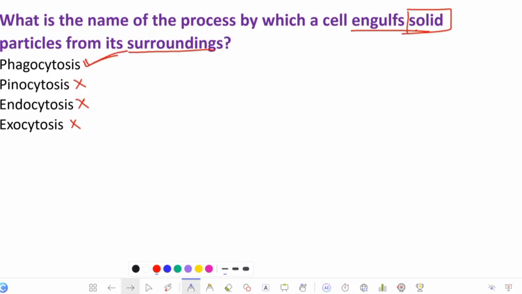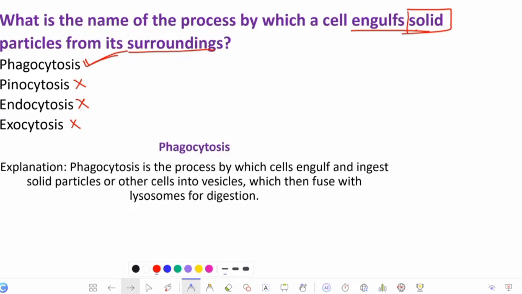Phagocytosis is the process by which a cell engulfs and ingests solid particles or other cells into vesicles, which then fuse with lysosomes for digestion. The digestion is performed inside the cell by the lysosome, because it contains hydrolytic enzymes, which perform internal digestion inside the cell.